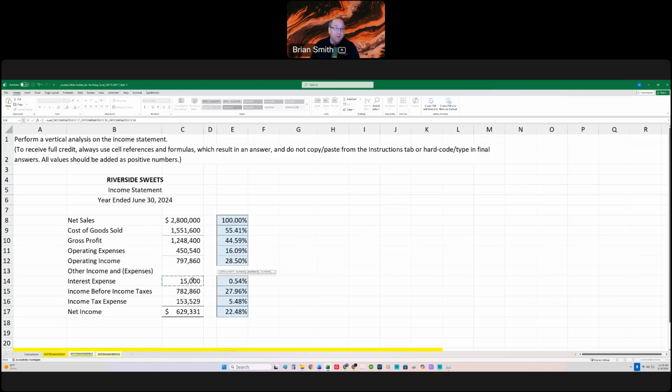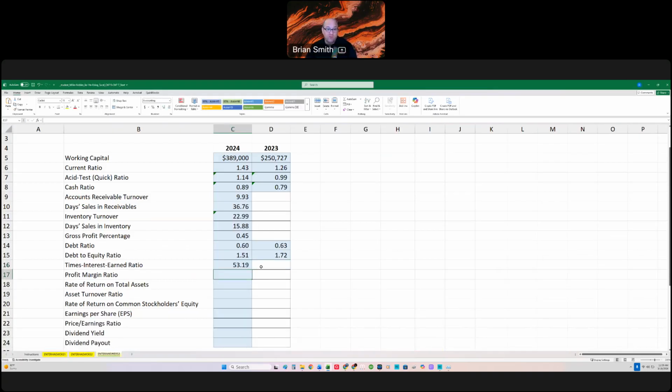So I select cell C17, comma, C16, comma, C14, comma, and then I'm closing the parentheses and I'm dividing that by interest expense. So I got a times interest earned of 53.19. Let's go ahead and look at that formula again. There it is. Pause the video.